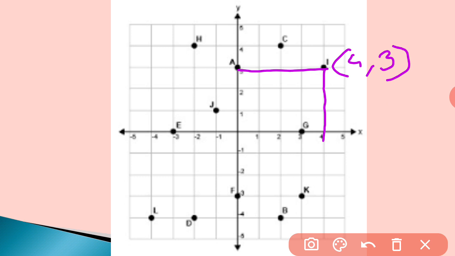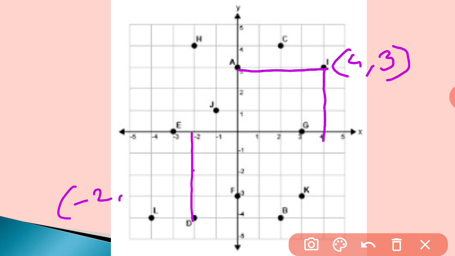Say I want to get the location or the coordinate of point D. So the first perpendicular will always be made from D on the x-axis. So it has reached -2, comma.